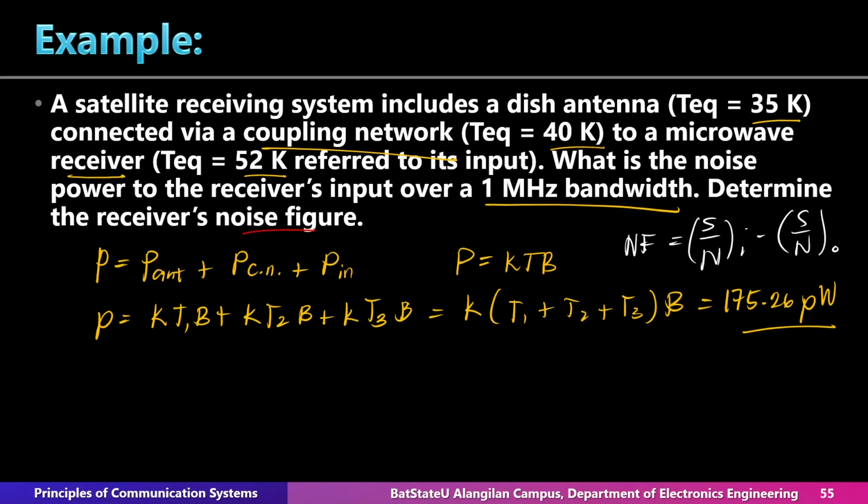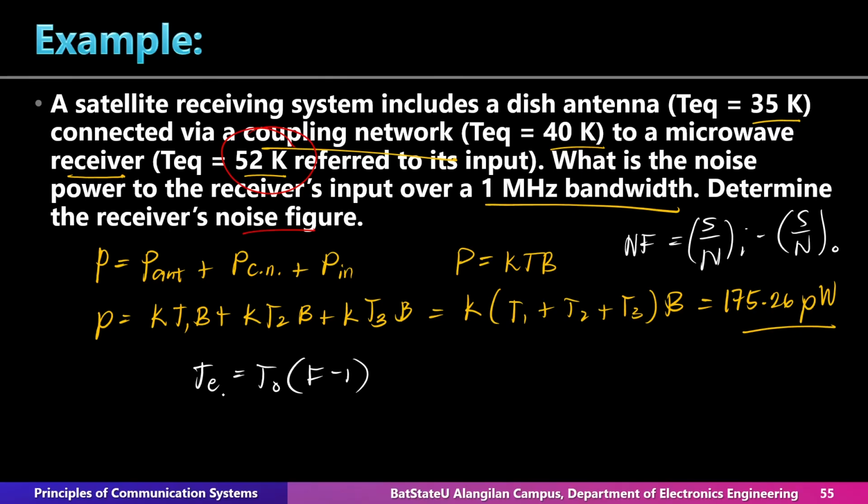So, paano yan? Ano pa ba ang given about the receiver? Ang receiver daw ay may nabanggit na noise temperature referred to its input. May makuha ba tayong noise figure mula sa noise temperature? Yes. Remember na meron po tayong formula na TE is equal to TO times F minus 1.